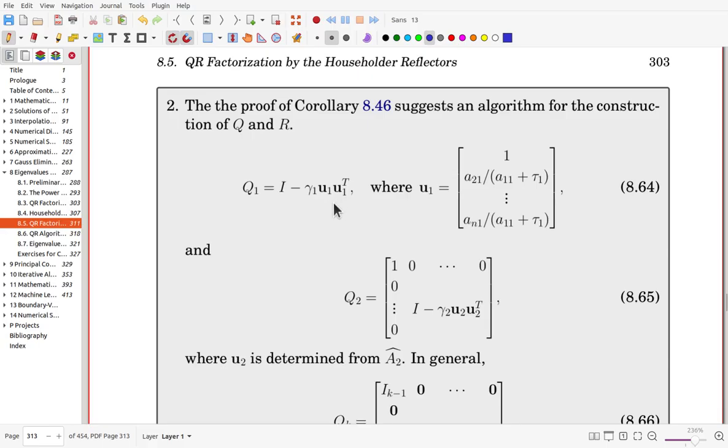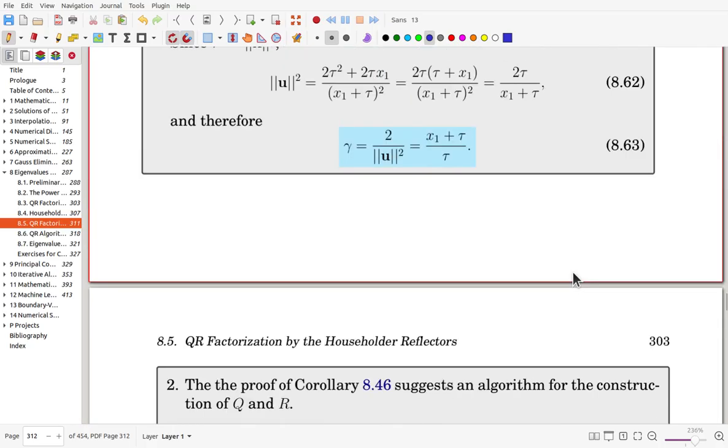Of course, u1 is made from the first column, with the minus tau and 0, 0, 0 transformation, and x minus y, in fact a1 minus y, is scaled by this factor, and then u1 is made. Along with this u1, gamma 1 can be found correspondingly by using this formula.